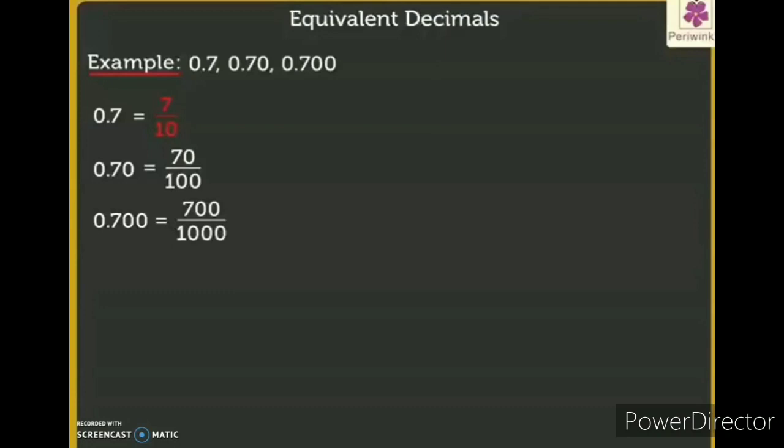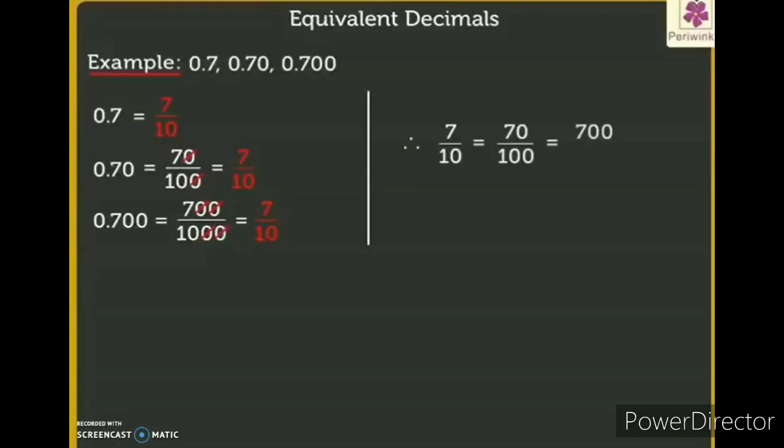The 7 upon 10 will remain as it is, children, but 70 upon 100 and 700 upon 1000 we can reduce to the lowest form, and we can write it as 7 upon 10. Thus, 7 upon 10 is the same as 70 upon 100 and is equal to 700 upon 1000.